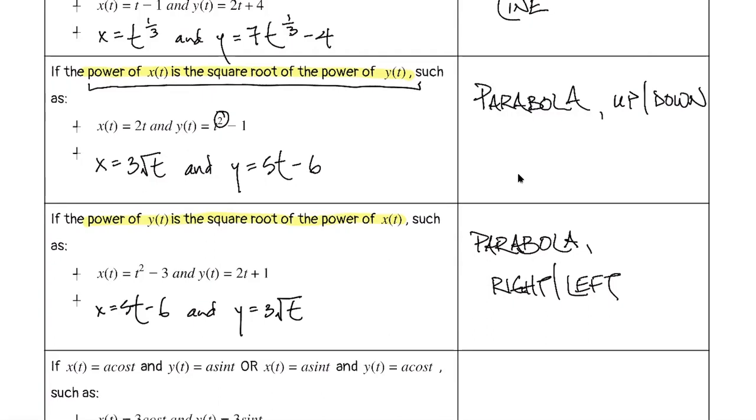Because we know if the t squared is positive, then it's going to open in a certain direction. But if we substitute in a negative value there, that might change that direction. Got it. Okay. Or if we had 3 minus t squared instead of t squared minus 3, that would change the direction.